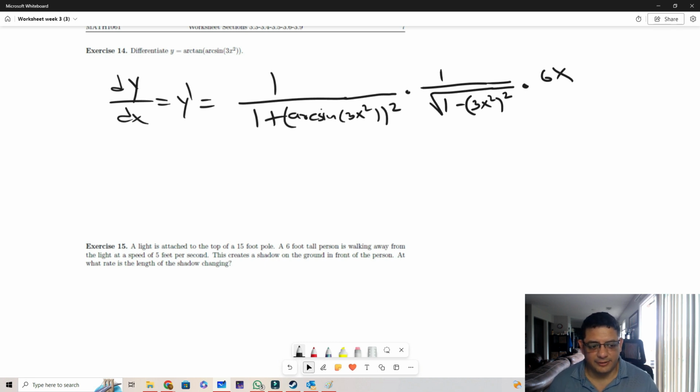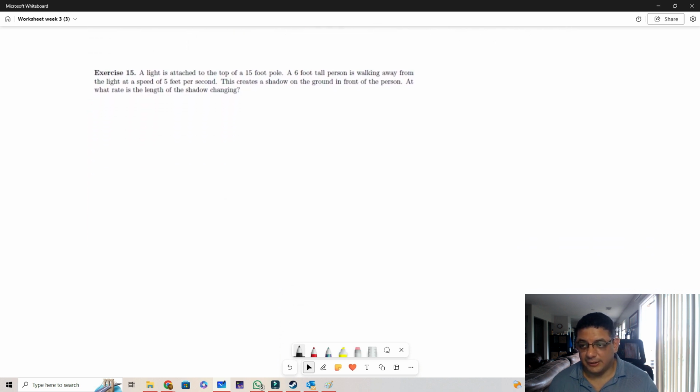Now, exercise 15 is an example of related rates. We have that a light is attached to the top of a 15-foot pole, and a 6-foot tall person is walking away from the light.